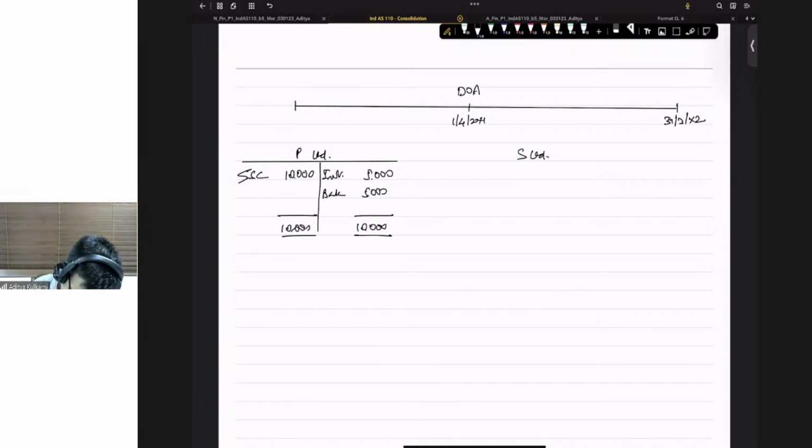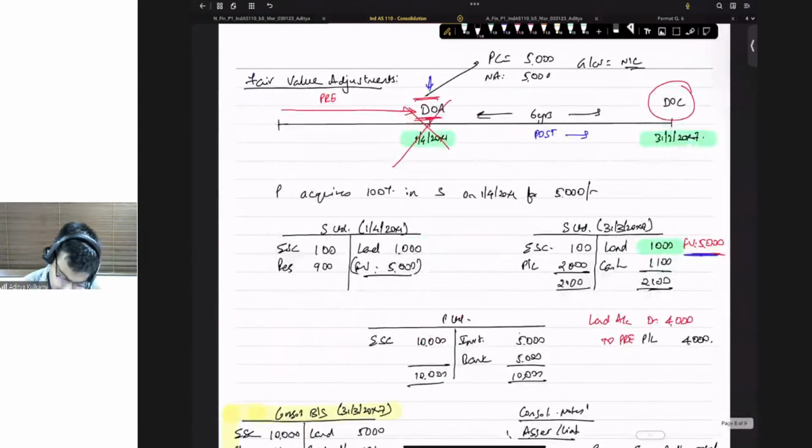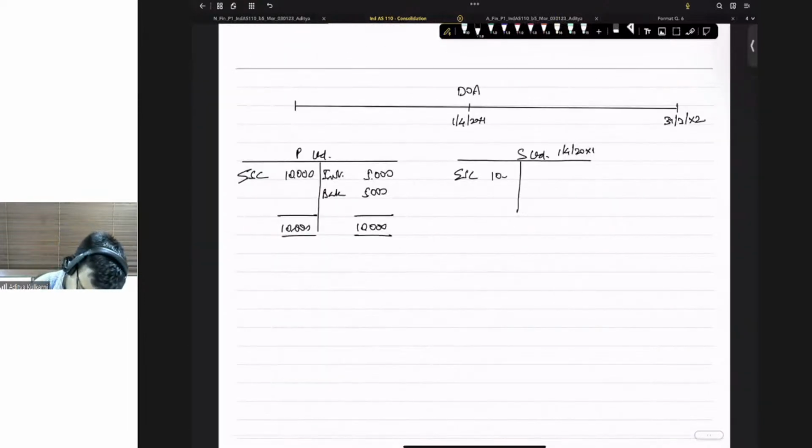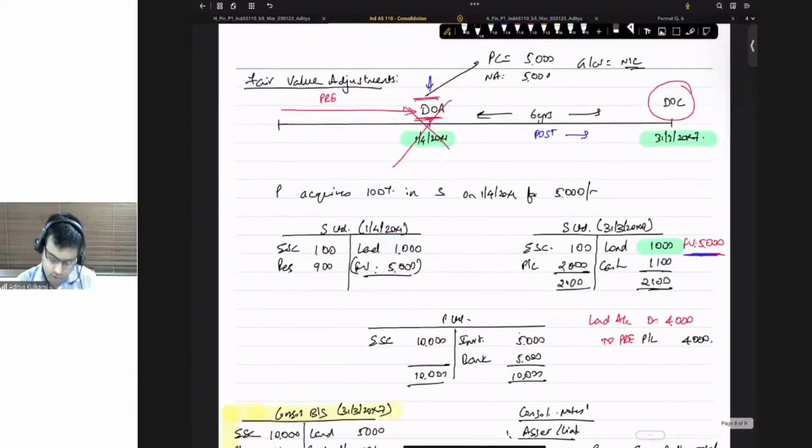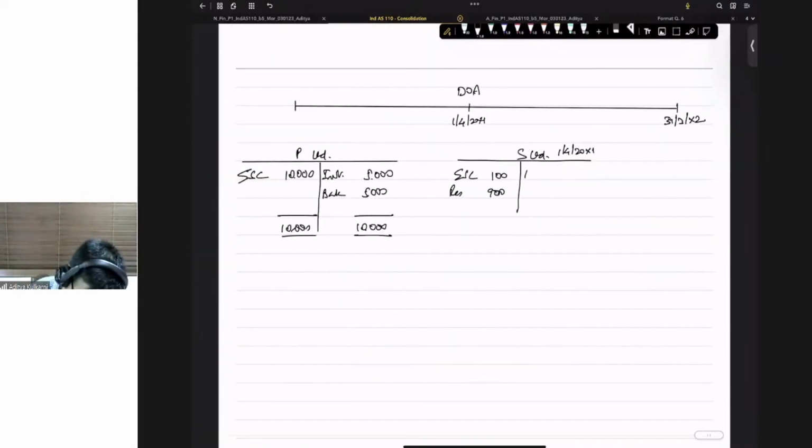Now S Limited, 1st April 20x1. Equity share capital, I'm keeping the same data, 100. Reserves 900. Only thing what I'm changing is, instead of land, this is a building with a value of 1,000.